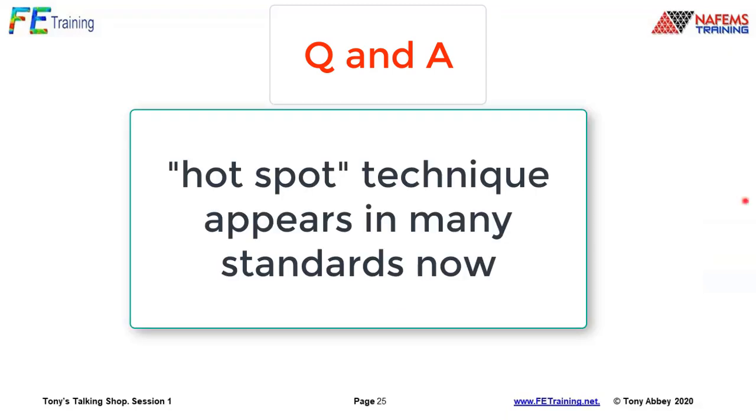David Turner says, I like the idea of the hotspot example. This technique has made its way into many common standards now. Yes, I first came across it with Det Norske Veritas working on a particular project for them, a sort of maritime certification. The idea of the hotspot method, the local disturbance, I think is becoming quite a common approach.